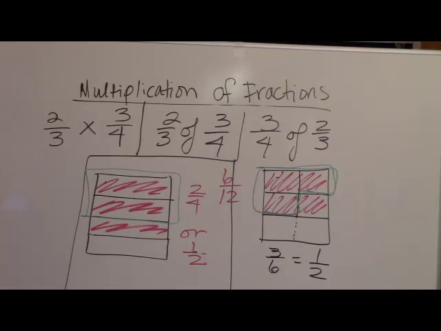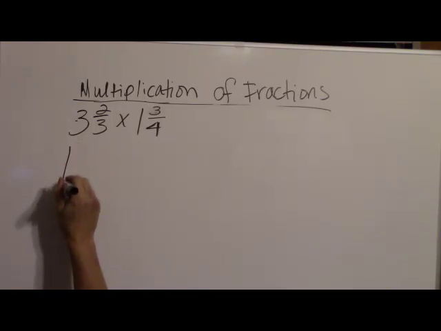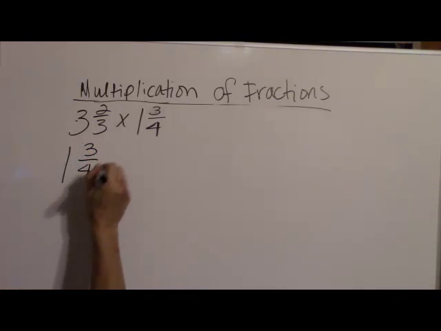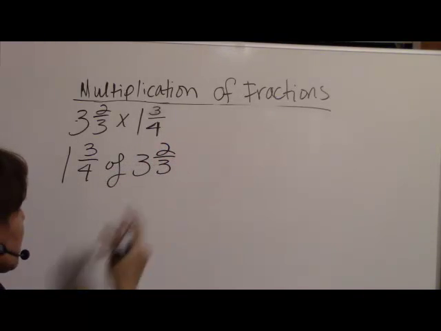Okay, so let me do another one now with multiplying mixed numbers, where you've got 2 numbers that are bigger than a whole, just for some more practice. So now you have 3 2/3 times 1 3/4, which can be seen as 1 3/4 of 3 2/3, or 3 2/3 of 1. We'll do that next.